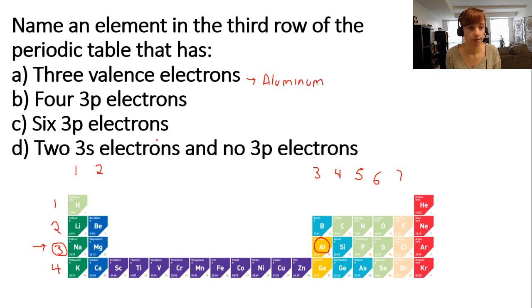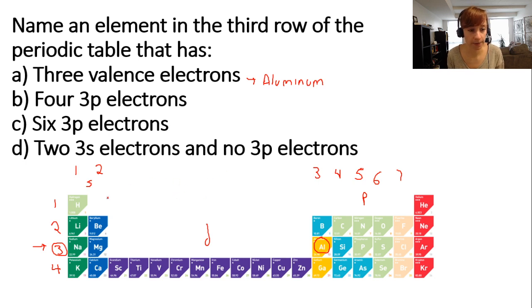Okay. So then we need to find an element with 4 3p electrons. Over here is P. This is D, and F is the bottom 2 rows of the metals that aren't shown here, so you don't have to worry about those.